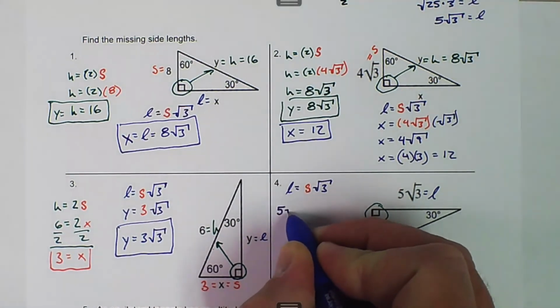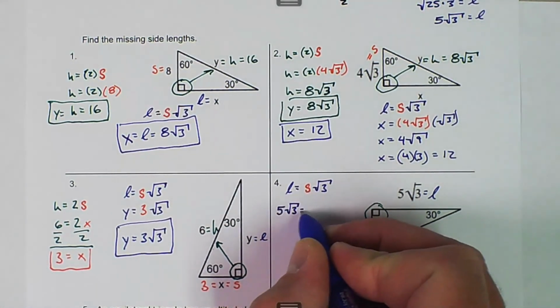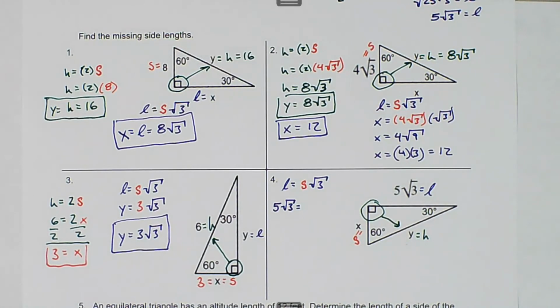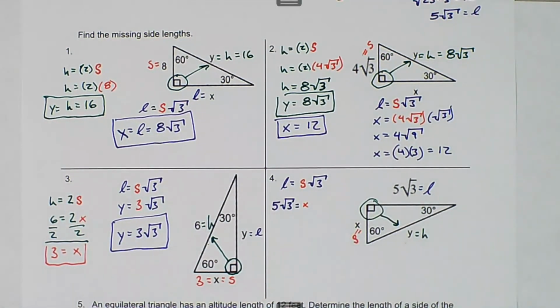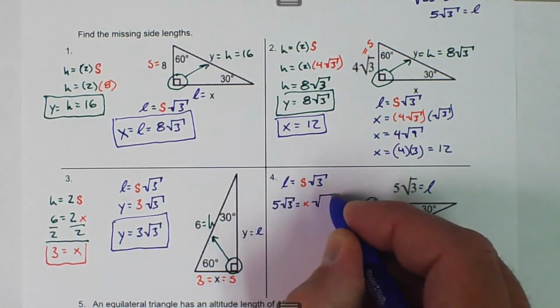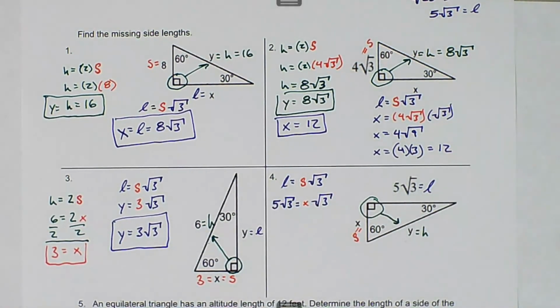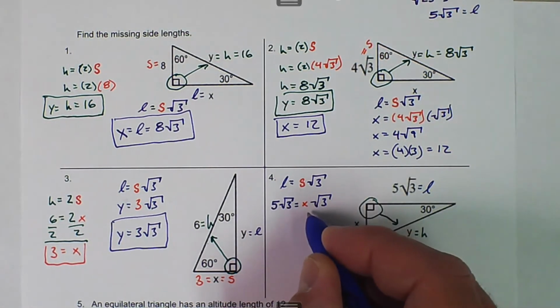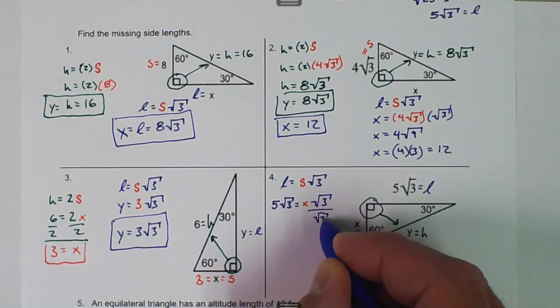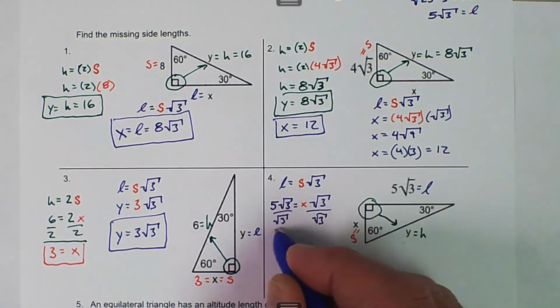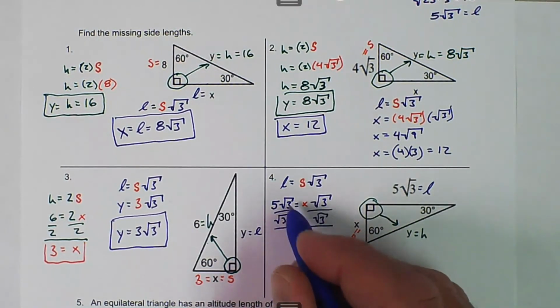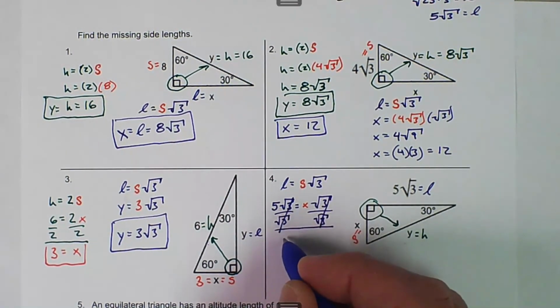So 5 times the square root of 3 is equal to x times the square root of 3. So on the right-hand side, we have multiplication. We want to get x by itself. So we divide by the square root of 3, and we divide by the square root of 3. So then our square root of 3's cancel on both sides, and we get 5 is equal to x.